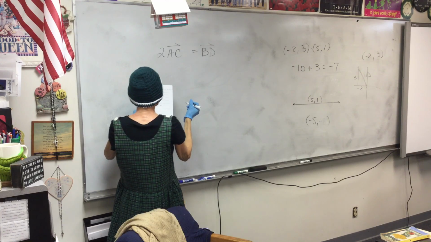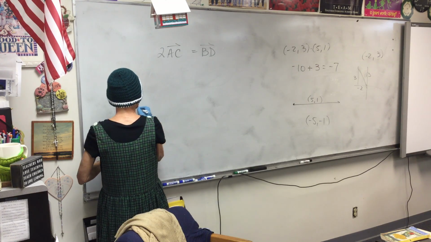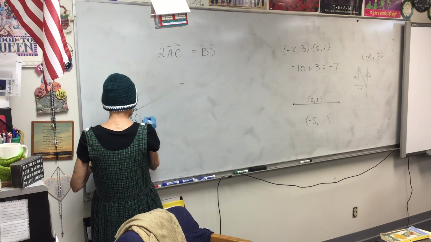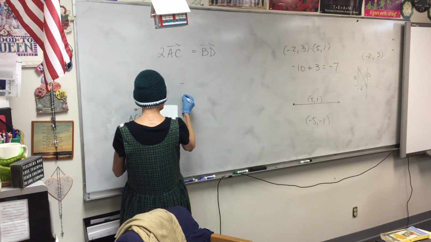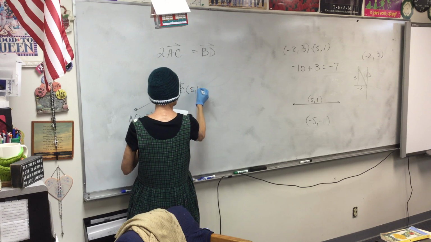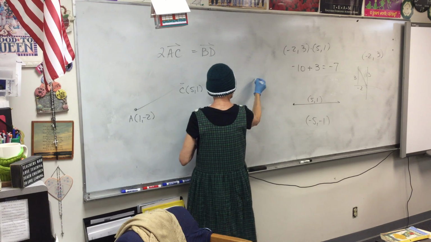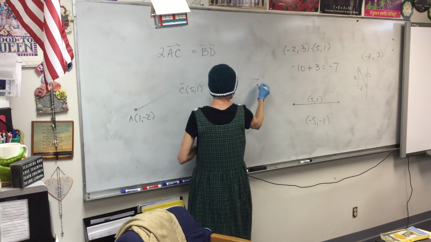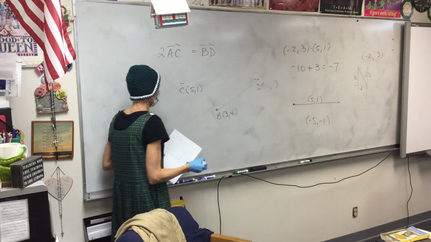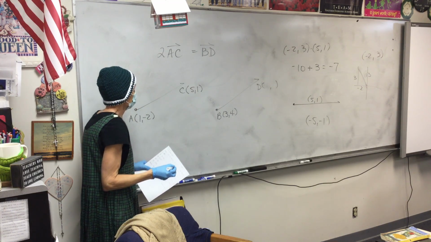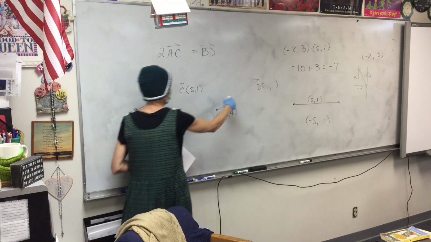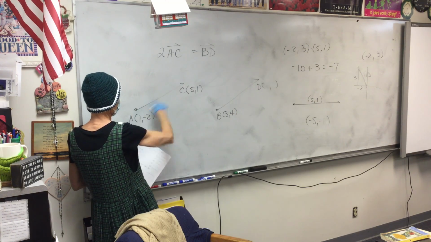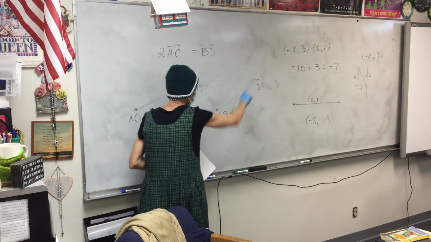All right, and we know that A is 1, -2, and C is 5, 1, and B is 3, 4, and we've got to find D. And we want these two to be equal to each other. This is 2AC. We need 2 ACs to equal BD.